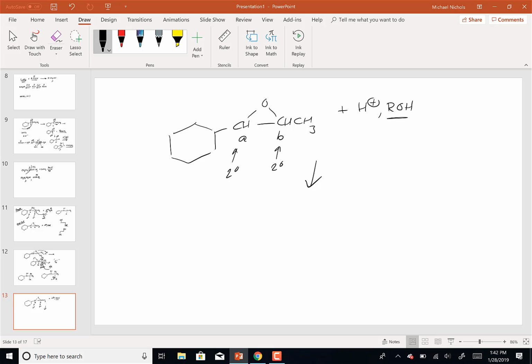Okay. Now I'm doing this under acidic conditions, right? So if I protonate that oxygen, and it pushes the electron density down to A and B, which carbon is going to have the greatest positive charge?